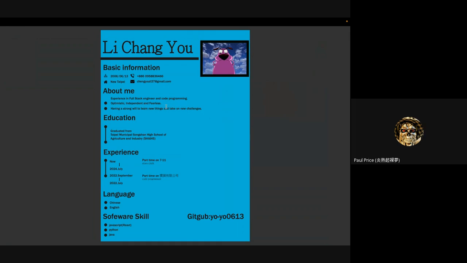My coding languages are usually JavaScript, Python, and Java. And right now I use React, because React is a JavaScript framework that is useful to make your website or real projects very fast.